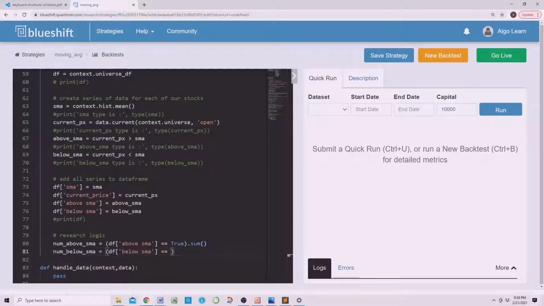And then we're going to see how many trues are sitting in that column. We're going to sum them up, come up with a number, and put it in num_below_SMA. And then we've got a total num. We're going to add these up.